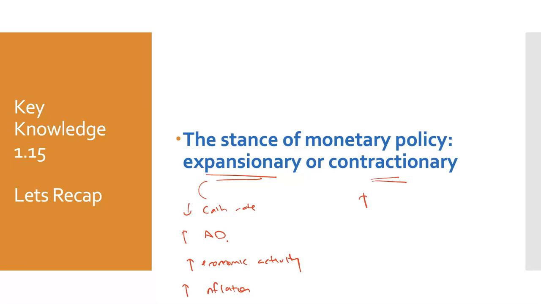Contractionary is when we're going to increase our cash rate. We understand that this will reduce aggregate demand, reduce economic activity, because we are forcing people to pay more on their debt. And we are doing this to drive down inflation, which is likely now above 3%, above the target. If we are reducing our cash rate, it is likely because inflation is below our 2 to 3% target.